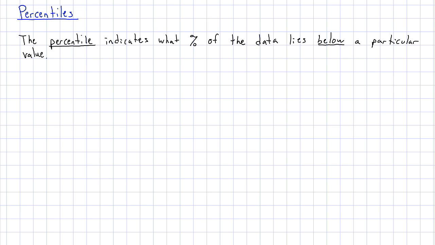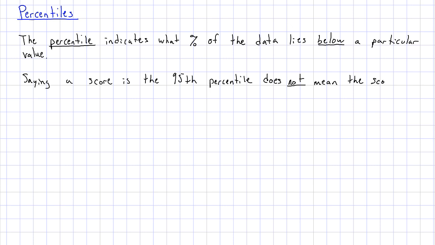So something that often gets confused with percentiles is that saying a score is the 95th percentile does not mean the score, for example the score on an exam, was 95% correct.